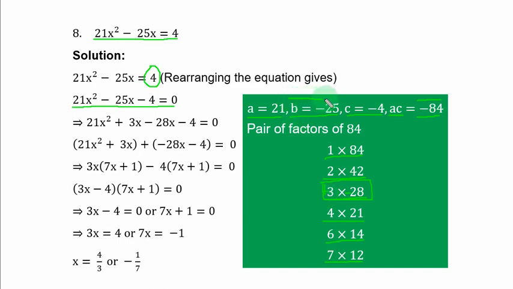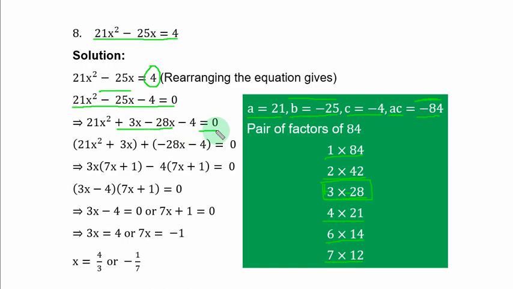That is this term, and plus 3 times minus 28 is minus 84. What we do is to write the pair of factors in terms of s and use it to replace the middle term in this form. Then you equate it to 0. The terms are now 4.